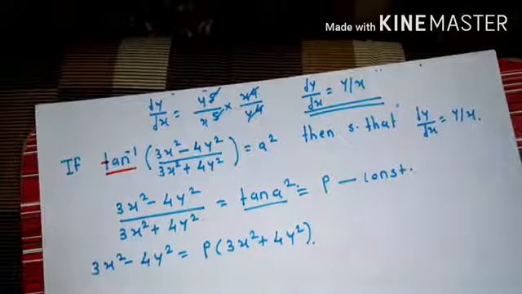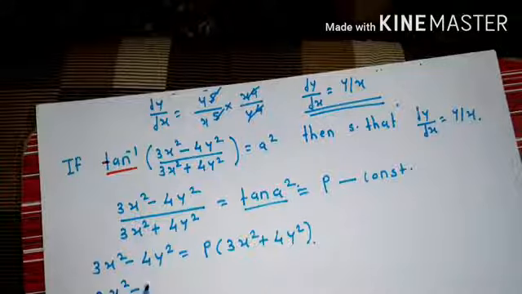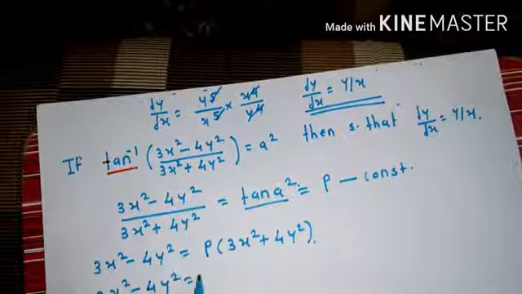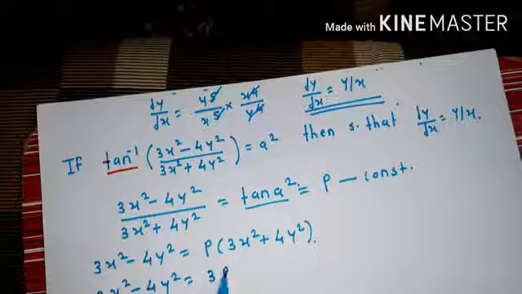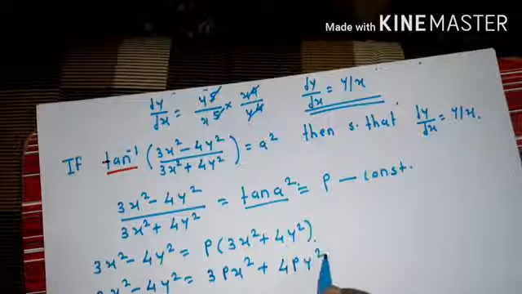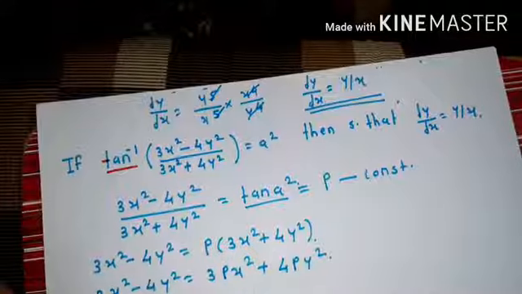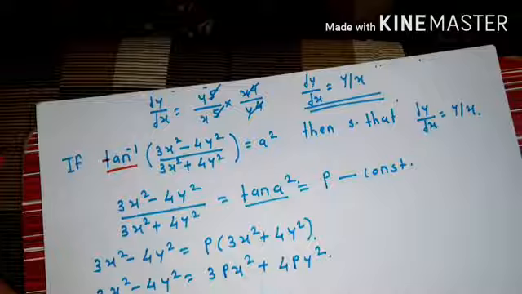Now 3x² − 4y² equal to 3px² + 4py². Collect the variables at the same side.